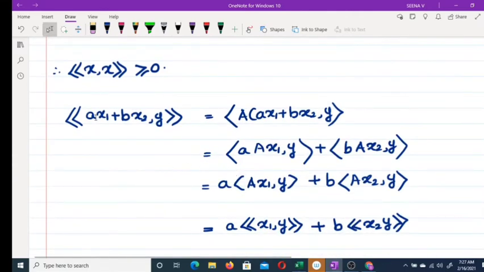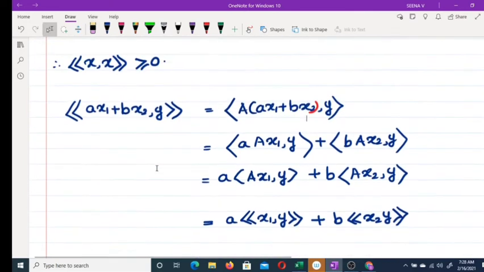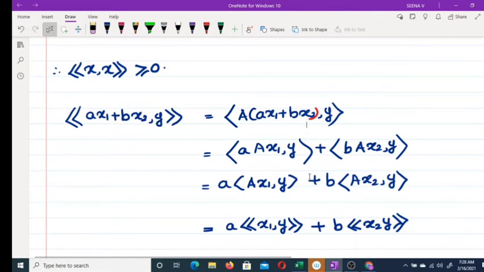Now the second property: quasi inner product of ax1 plus bx2, y, by definition, is inner product of A(ax1 plus bx2), y. Apply the linearity property of inner product, and we get a inner product ax1y plus b inner product ax2y, and this is quasi inner product x1y and this is quasi inner product of x2y. So what we get is this.